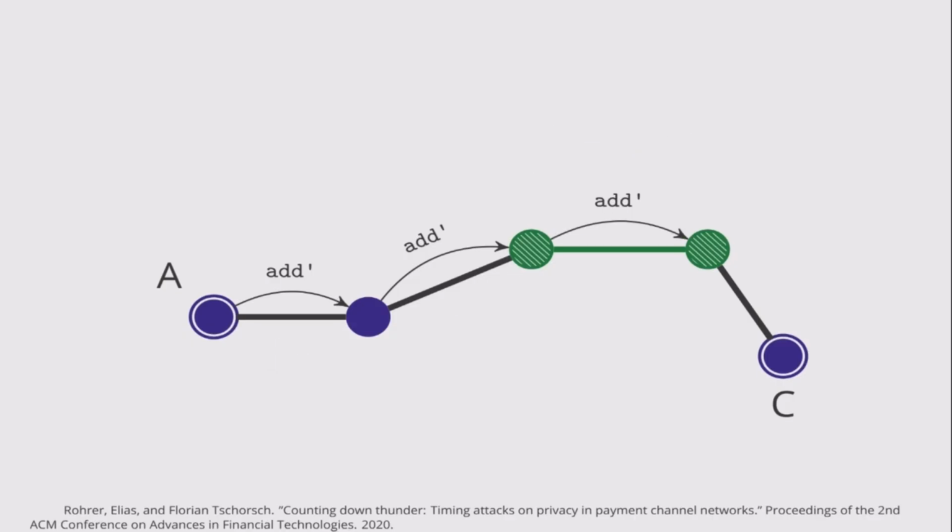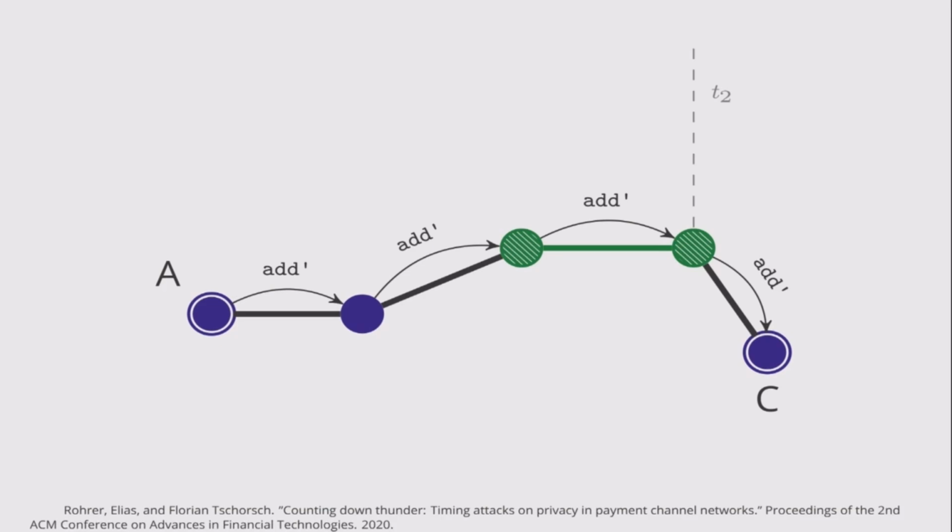Then the second time around, they would forward that HTLC and let it through, and from the last observation point they can record a time t2, and when they get a fulfill or fail back from the actual destination, they can record the time again and also learn the time distance to the destination.